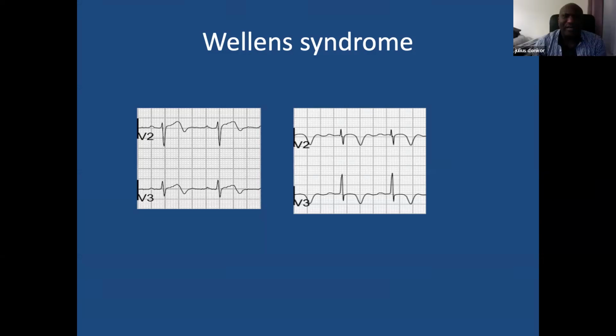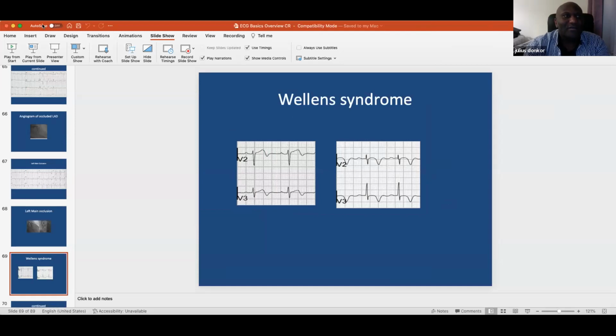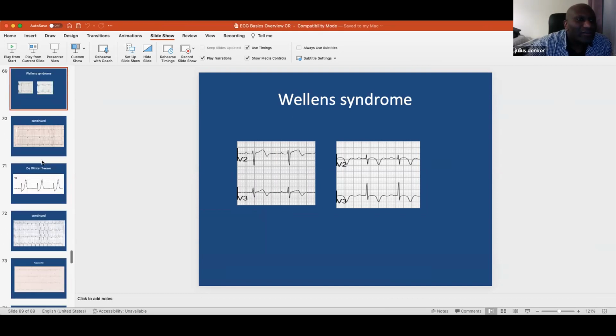Benign early repolarization, which they used to think was benign. Let me see if I could go into Life in the Fast Lane and bring it up, I don't know, have I got that?